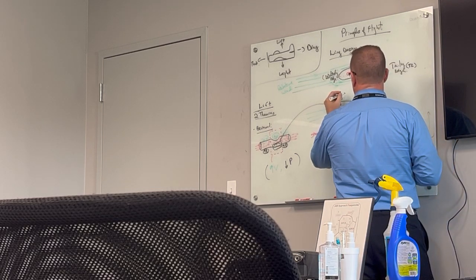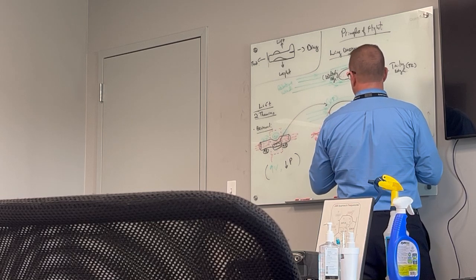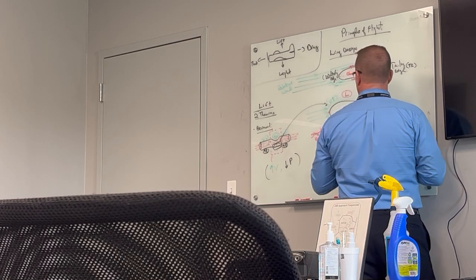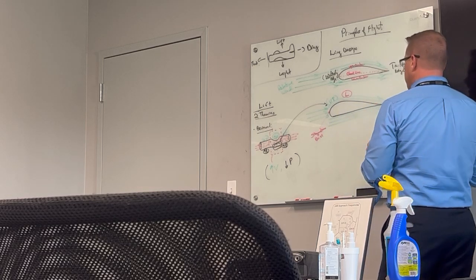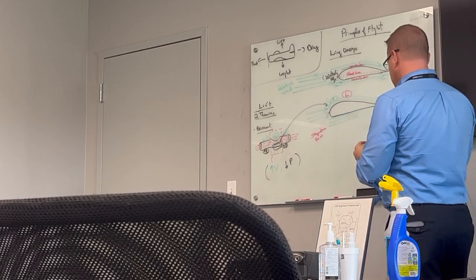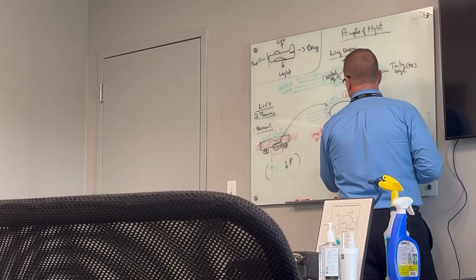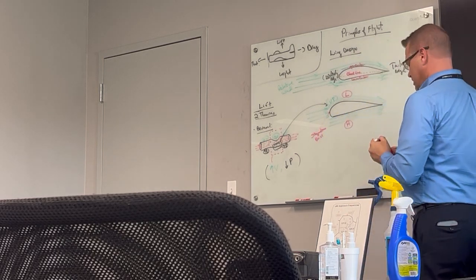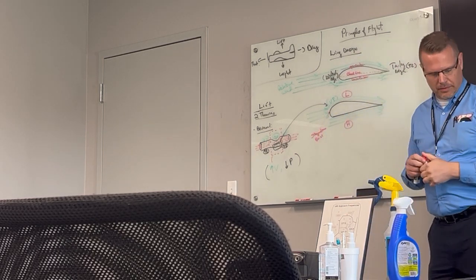Okay, and that's going to cause a relative low pressure on the top of the wing because of that increased velocity, compared to the bottom of the wing, which will have a relatively high pressure underneath the wing.